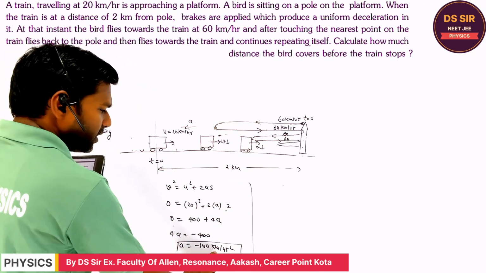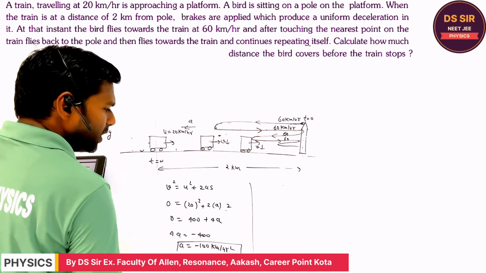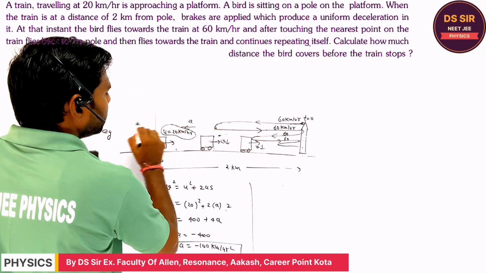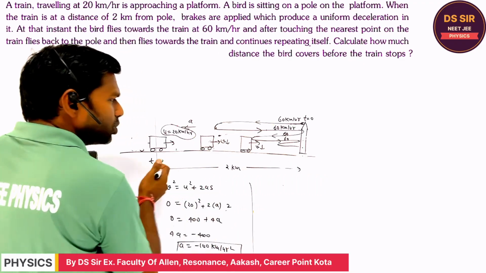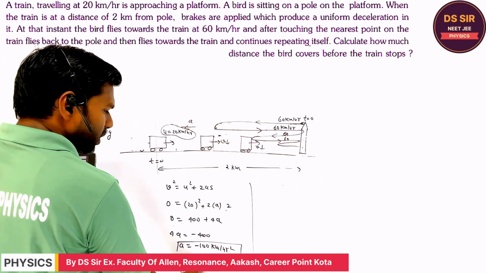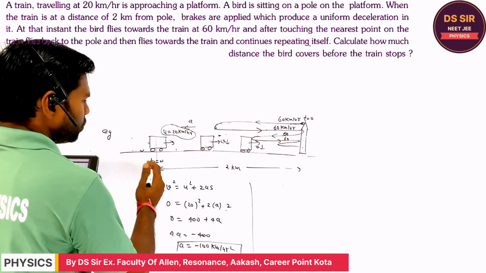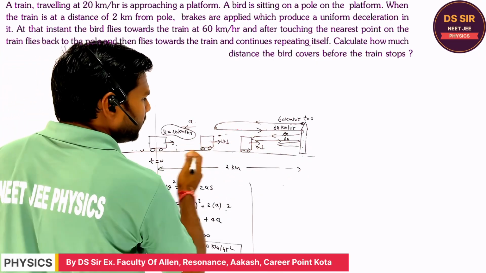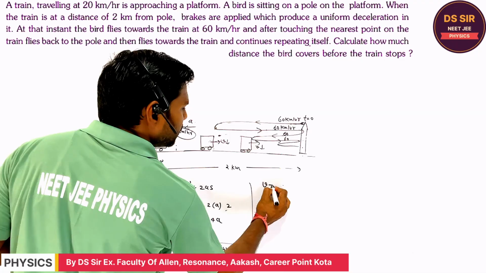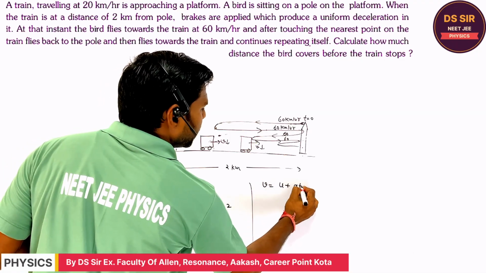Vrinda, the unit is understood. It is in kilometer per hour because the speed is in kilometer per hour and the distance is also in kilometer. So the acceleration is in kilometer per hour square, right? So this is the u, this is the v. How much time does it take? v is equal to u plus a into t.